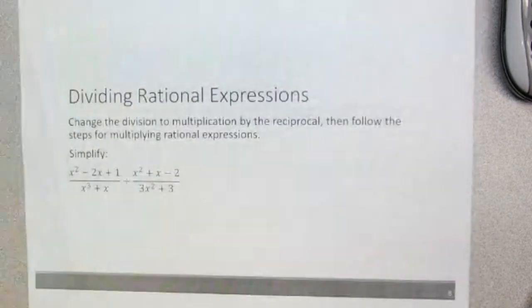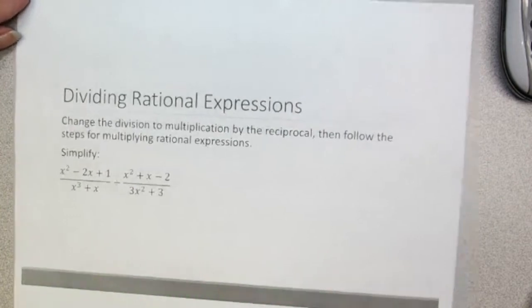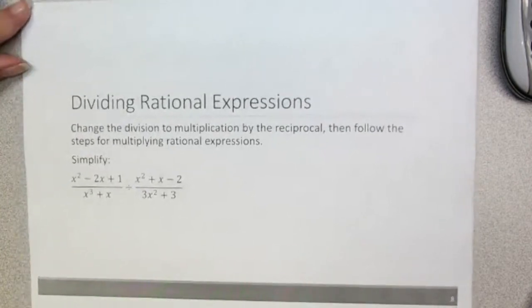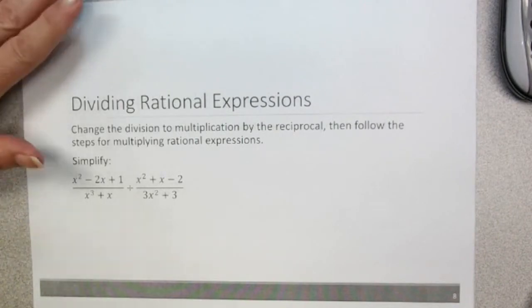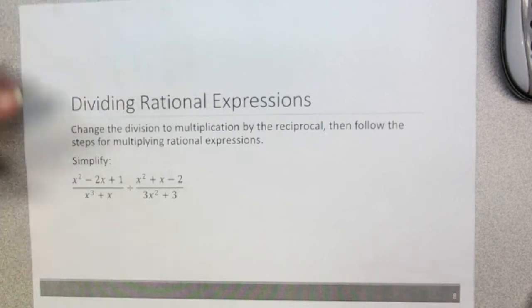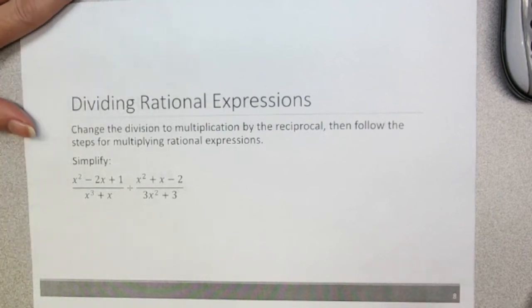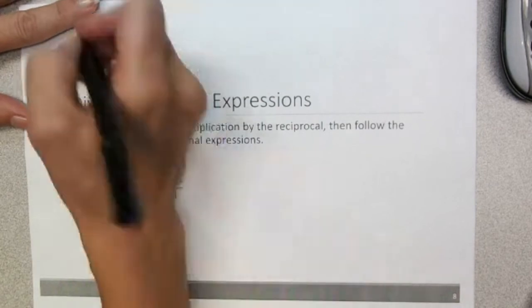Okay, dividing rational expressions. When we divide rational expressions, we want to change the division into multiplication by using the reciprocal of the divisor and then go ahead and multiply. It's just like dividing simple numerical fractions.